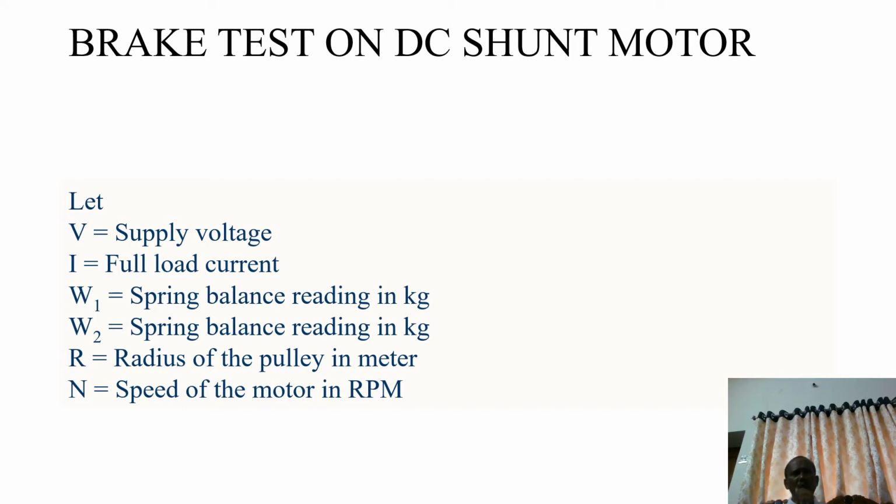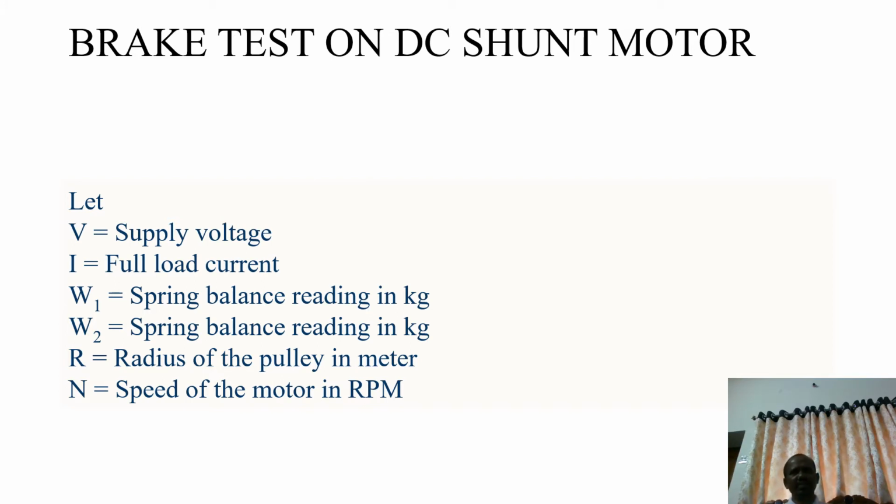Voltage V is constant; you note the load current IL, the field current, and the speed of the DC shunt motor under no load condition and when the load is applied.